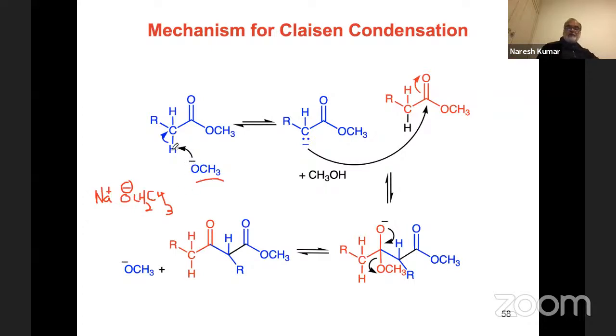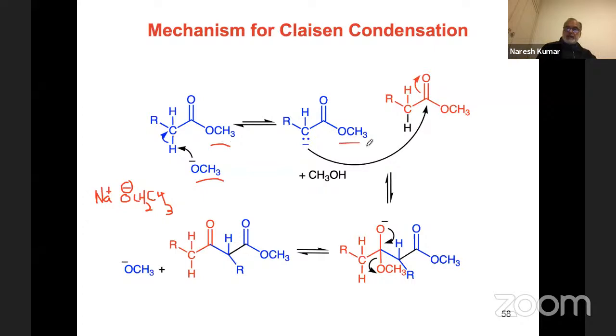The proton will be removed like before to give you the carbanion. The carbanion will attack the carbonyl to give you the intermediate O minus compound, because the pair of electrons move to the oxygen. This pair will come back and kick out the OCH3 group in this case. So this ester has an OCH3 group.